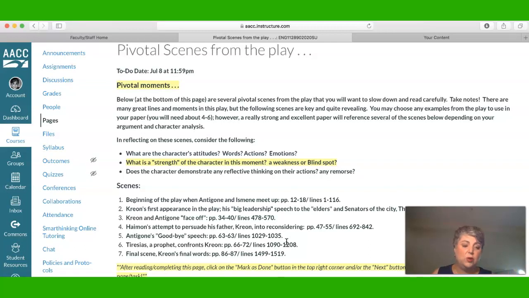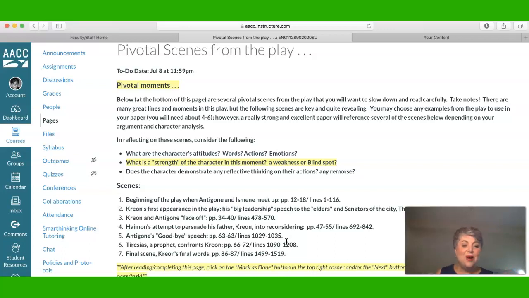Another really interesting quick note is that Antigone has a fascinating backstory. Now, we're not reading the whole trilogy that Sophocles wrote, but there's a backstory to Antigone. She has a very dysfunctional family life. In fact, Creon is her uncle, okay?